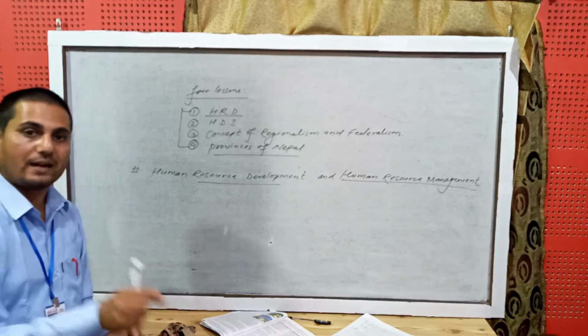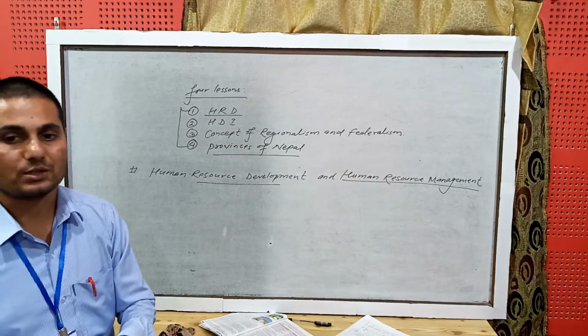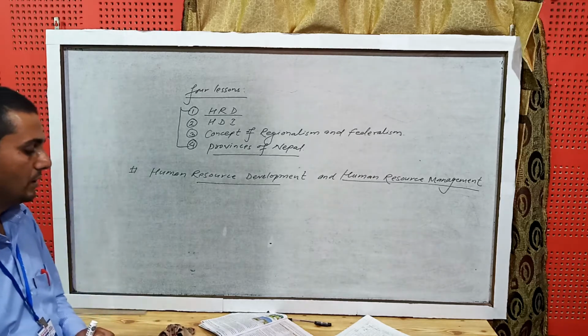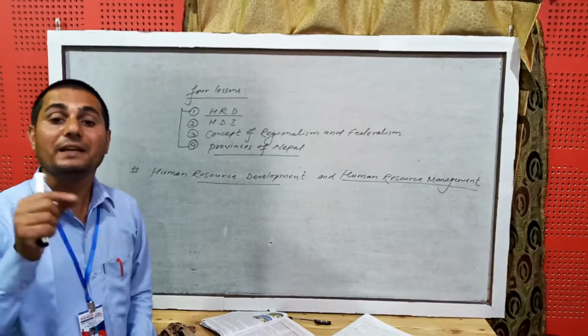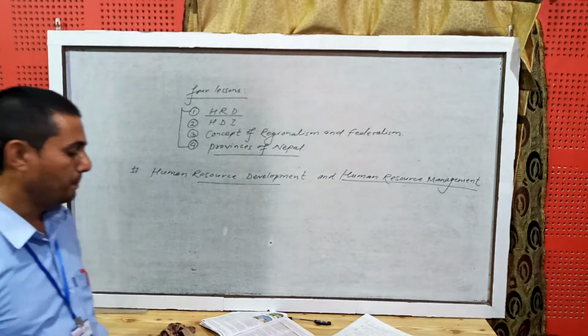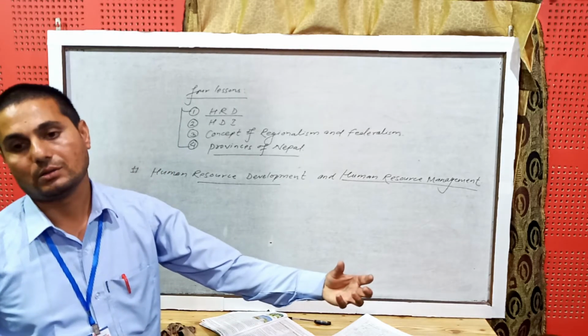And on the other hand, let me tell you about human resource management. What is human resource management? Human resource management is the application of the principles of management to manage the manpower.